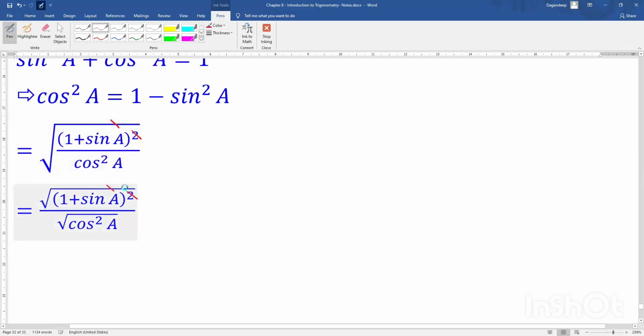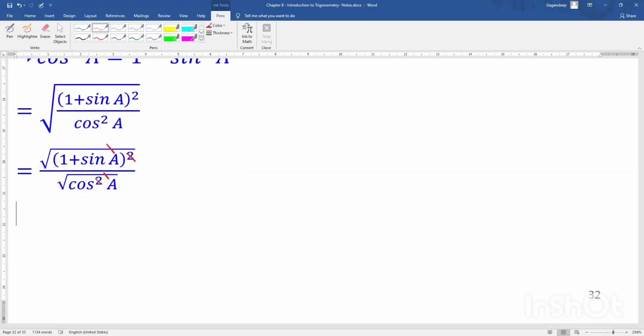Here also the same thing, the square and square root cancel.